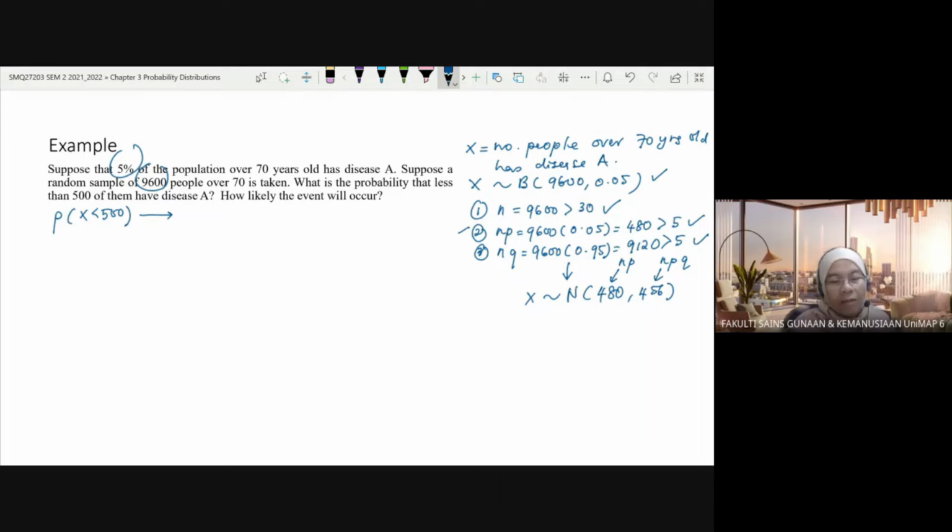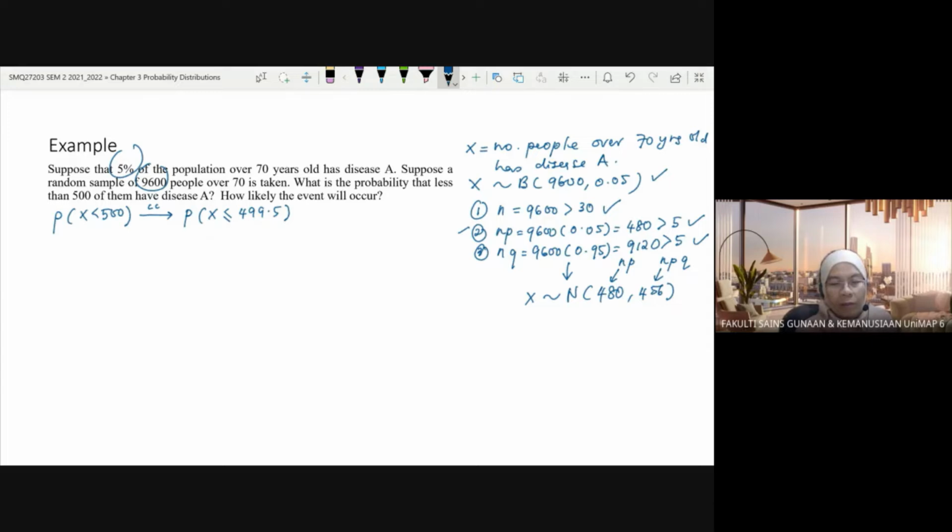So in this case, the continuous correction factor is involved. As I mentioned before, for less than 500, when we apply the continuous correction factor, this becomes P(X ≤ 500 - 0.5), you will get 499.5. So this will be the first step.